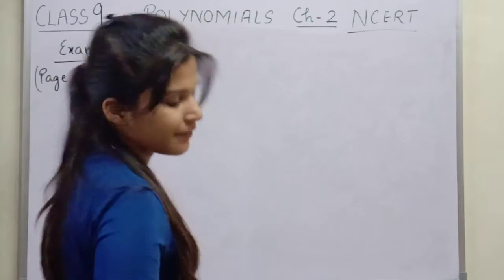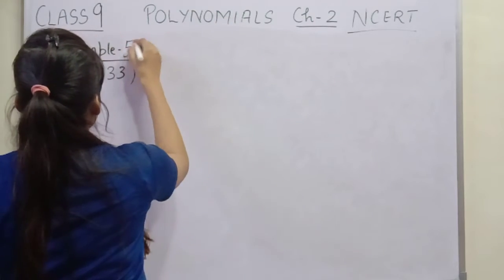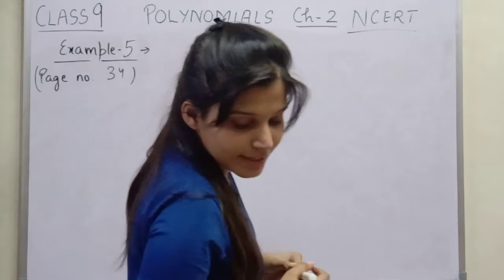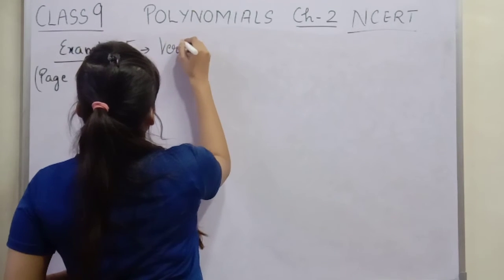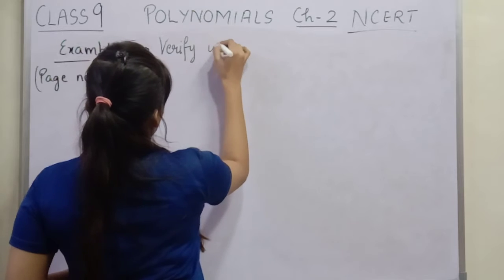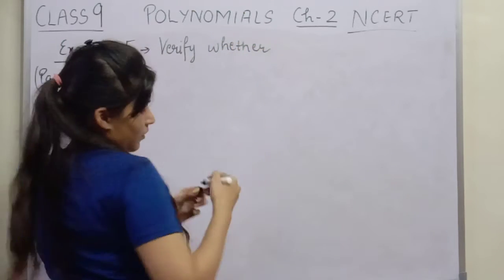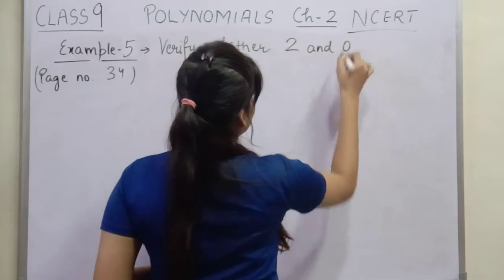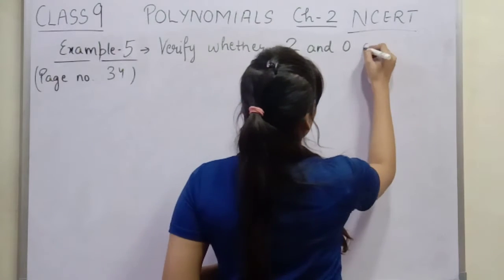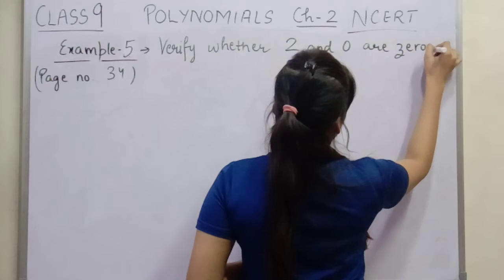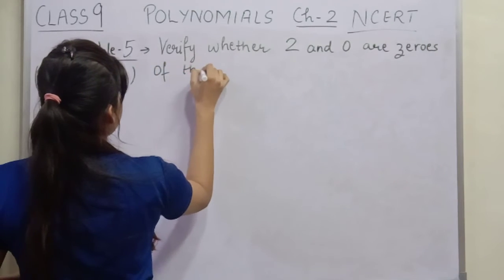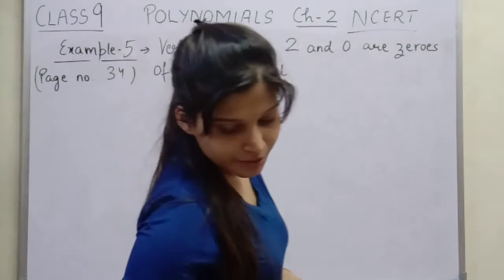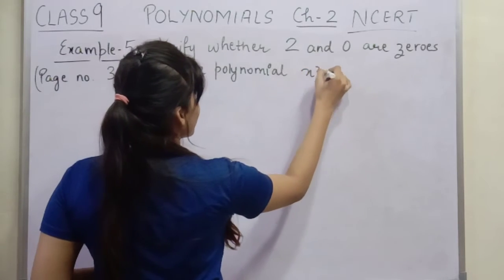Example number 5 is on page number 34 of our NCERT book, and it says: verify whether 2 and 0 are zeros of the polynomial x square minus 2x.